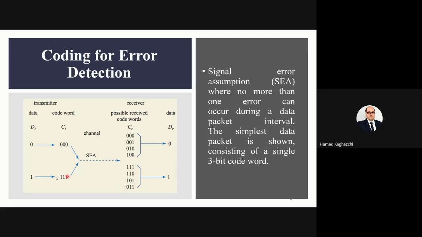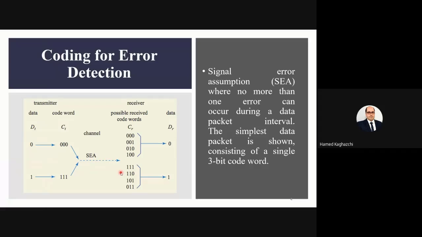And in the case of 1, my source produced 1, I add redundant bits and create a code word and send it via the channel. And in the channel, some noise can be added to my data.